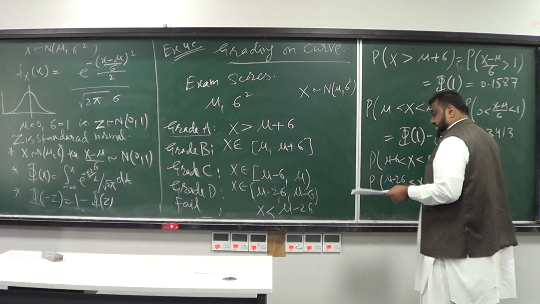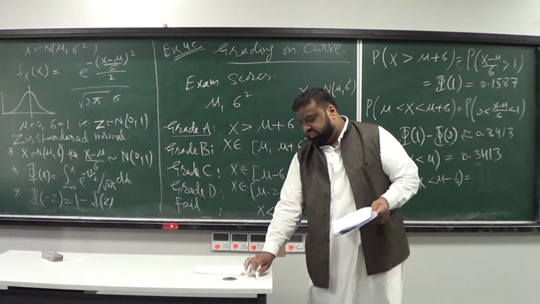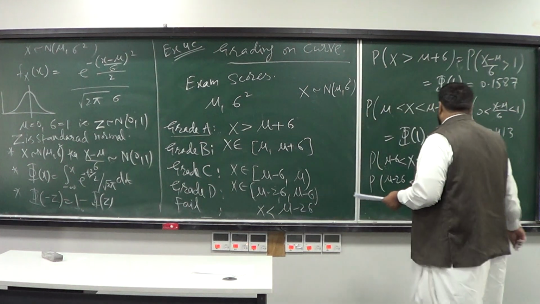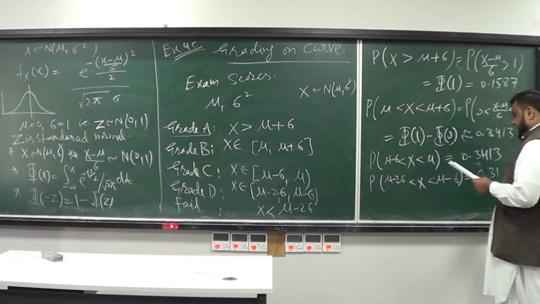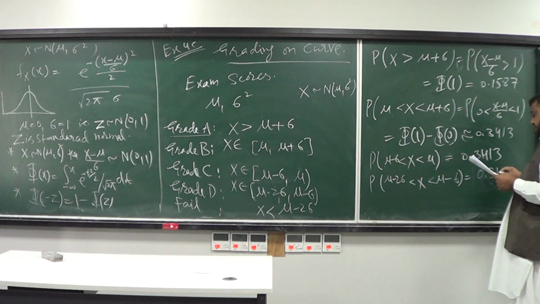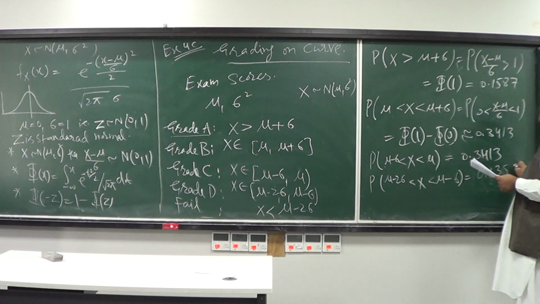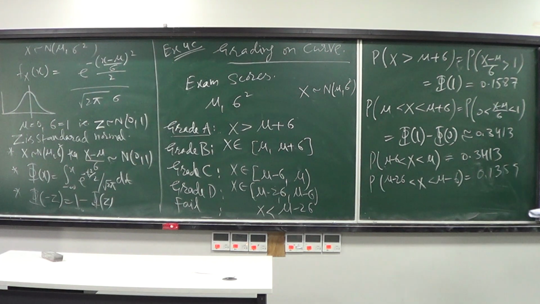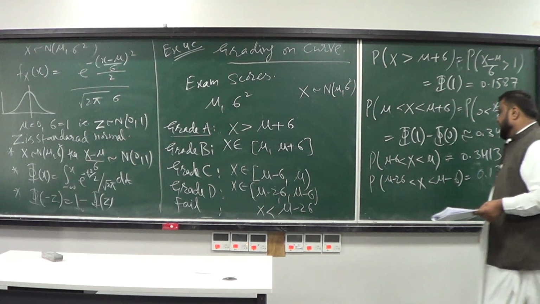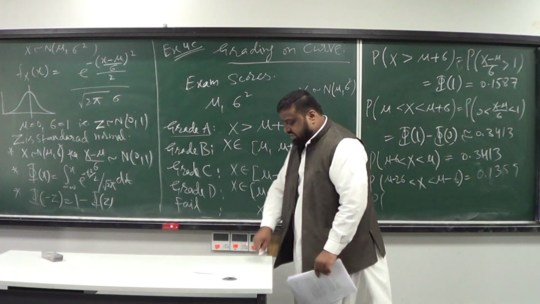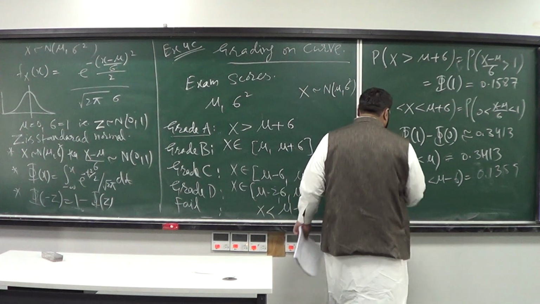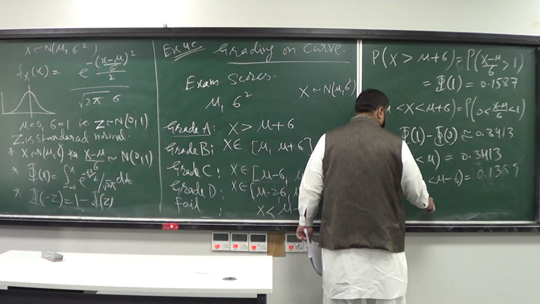So you're going to get a number, not 0.31, but 0.1359 actually. So around 14% would get a D grade. While for a random student, what is the probability that he will fail the exam?